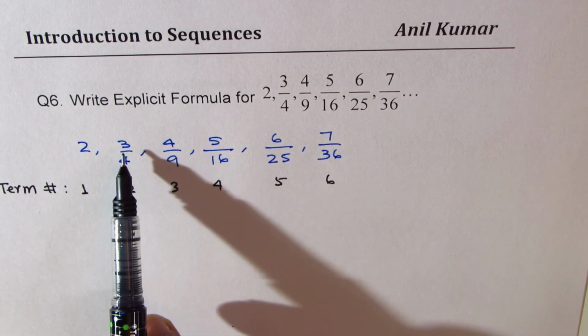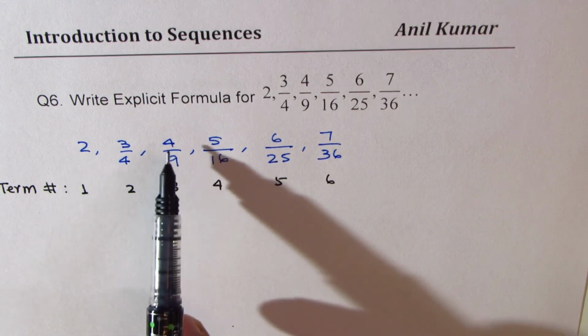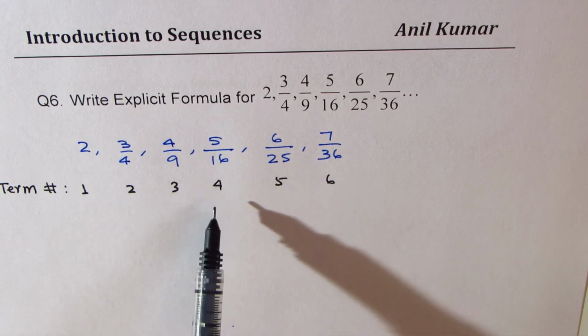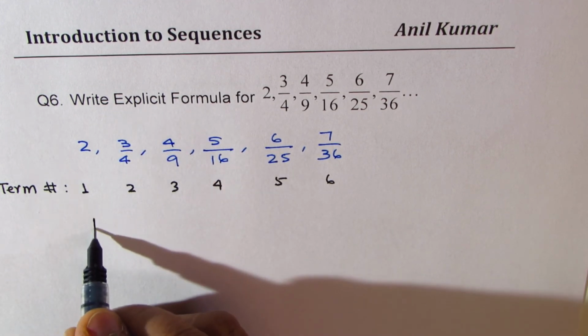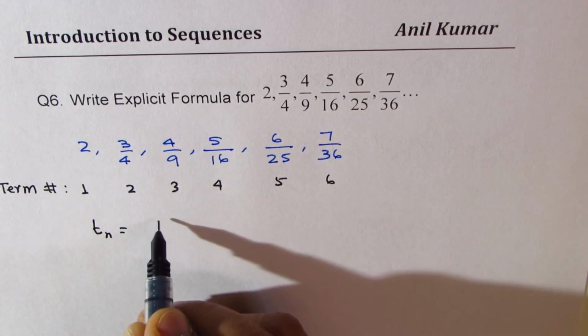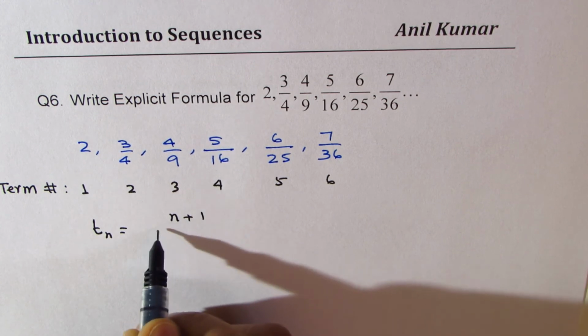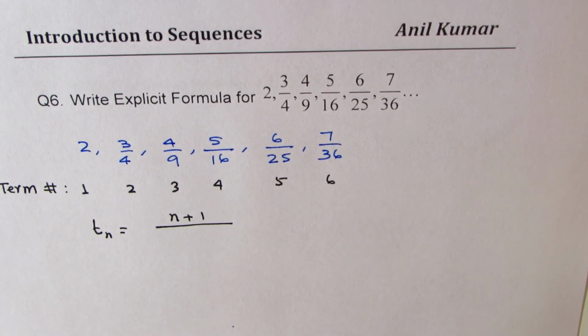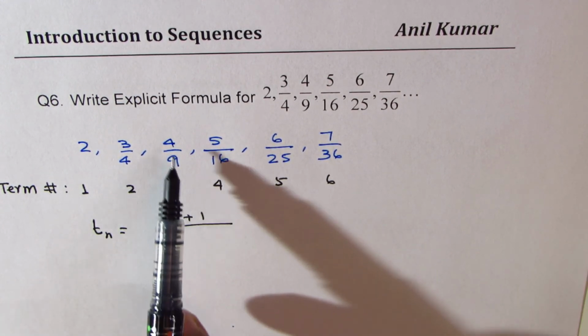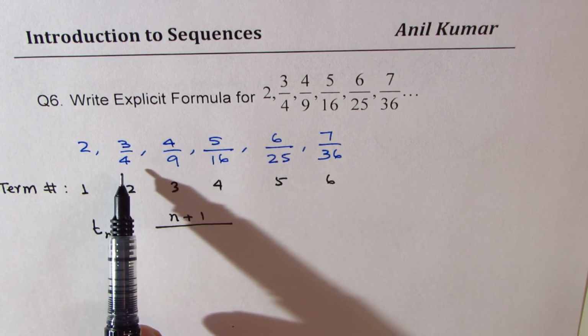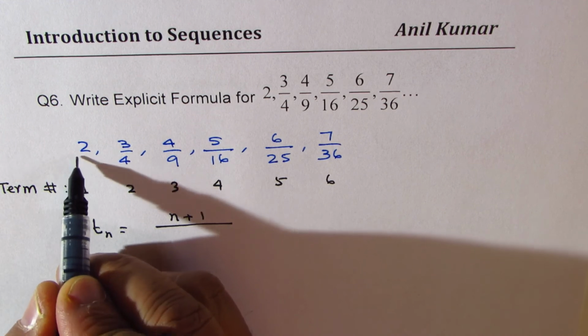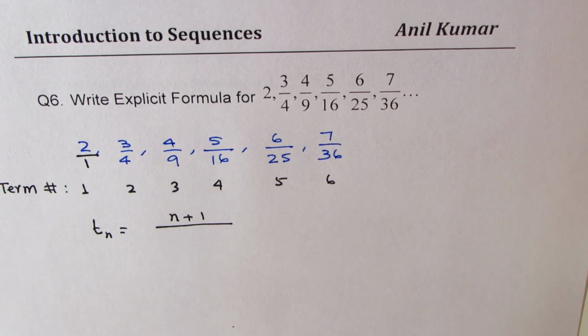So if you see the numerator, it is one more than the term number. We have to give general formula or explicit formula. So we can write Tn equals to n plus 1 in the numerator, right? Because every term is one higher than the term number. As far as denominator is concerned, we could treat this as 2 over 1.